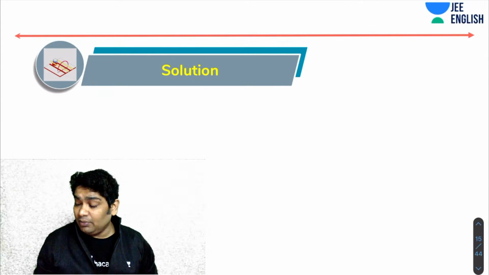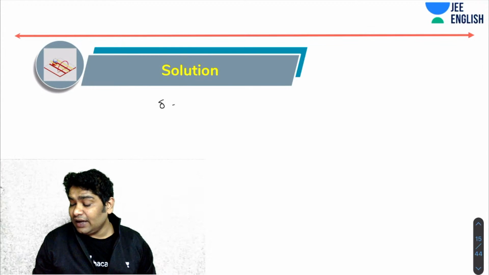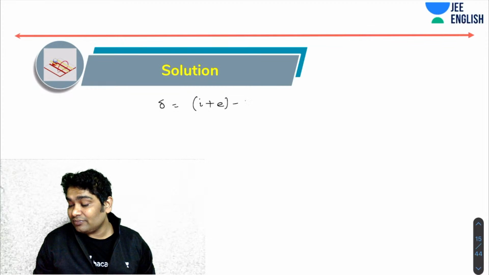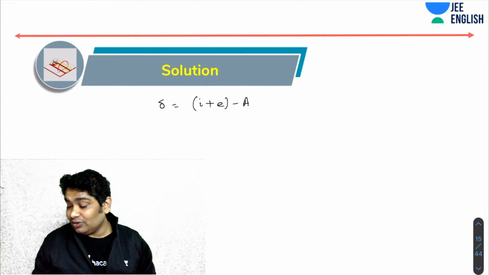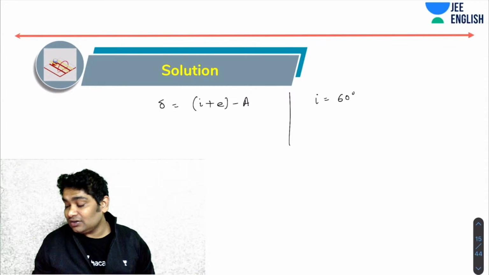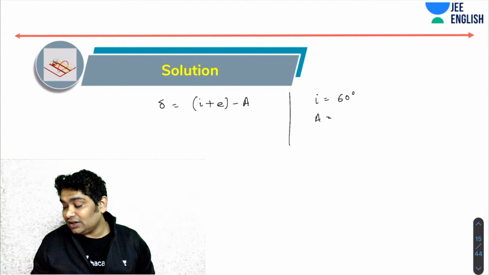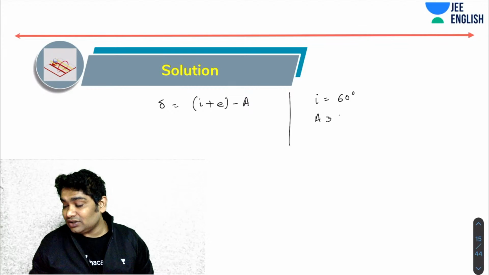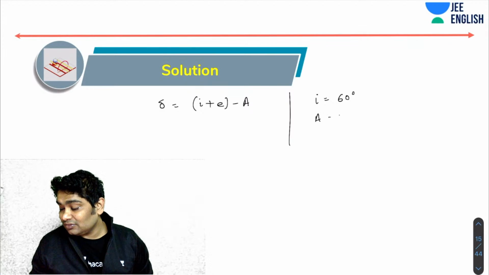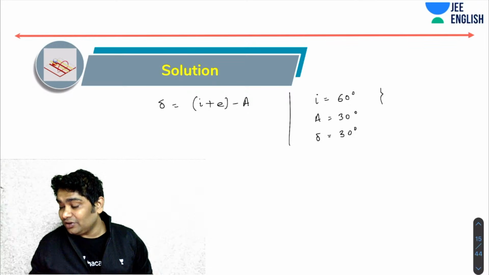The angle of deviation delta was given as I plus E minus A. Now you've been told I equals 60 degrees, A equals 30 degrees, and delta equals 30 degrees. All this is given to you.